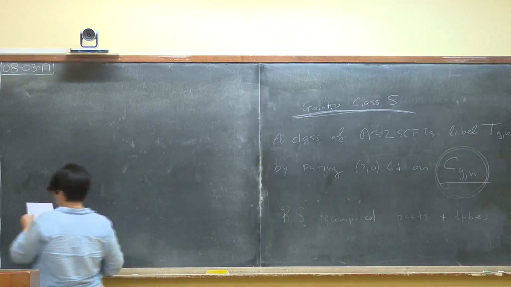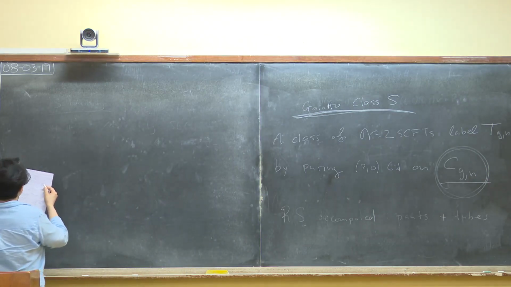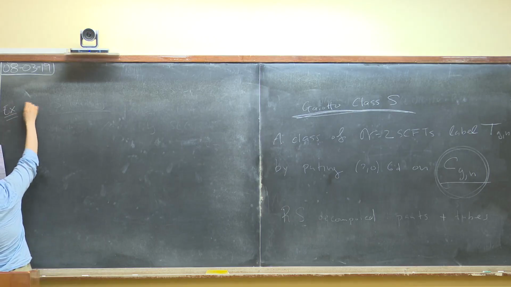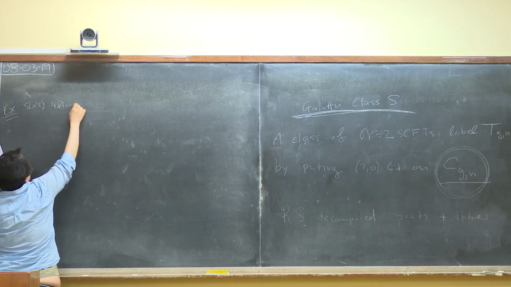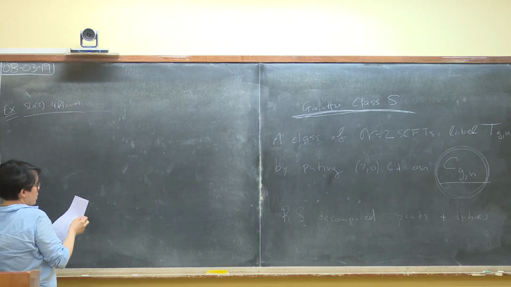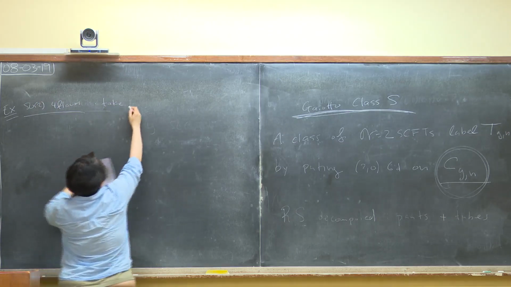So let's take the curve we wrote before. Let's do this example, and let's take the weak coupling limit.